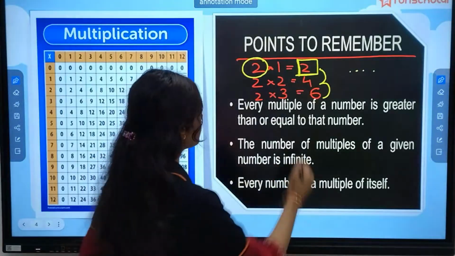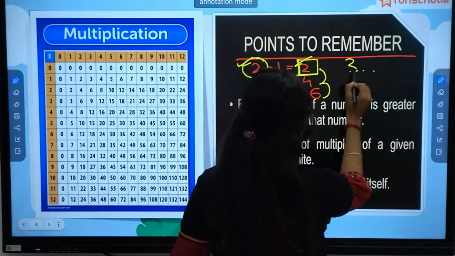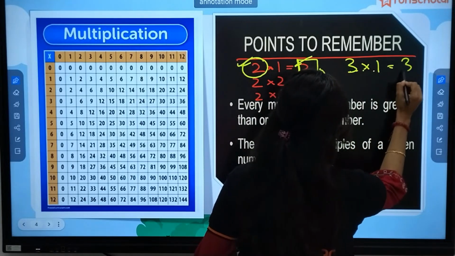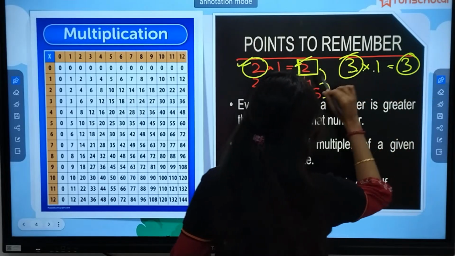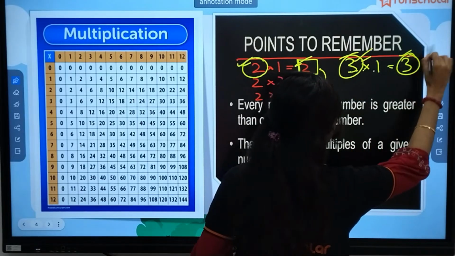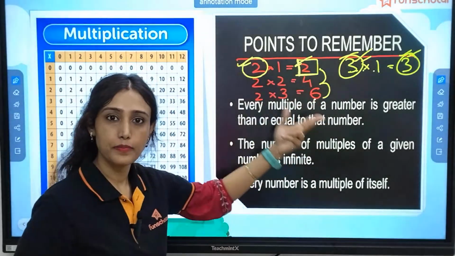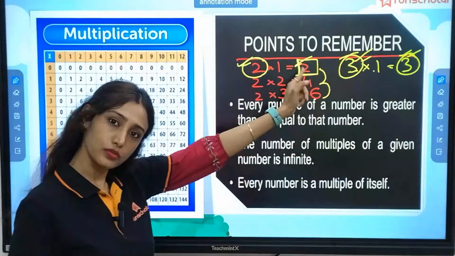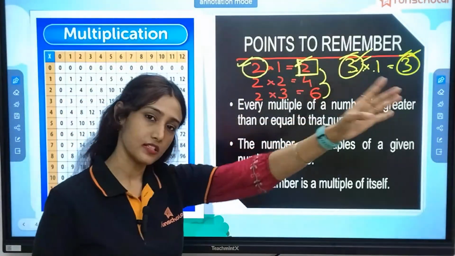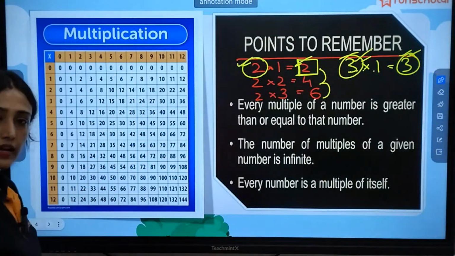I have already told you every number is the multiple of itself. 3 into 1 equal to 3, equal to the number itself. And from the next number, the multiple is always greater than or equal to 2 or 3, 4, etc., in case of every number. Okay, done? Clear?